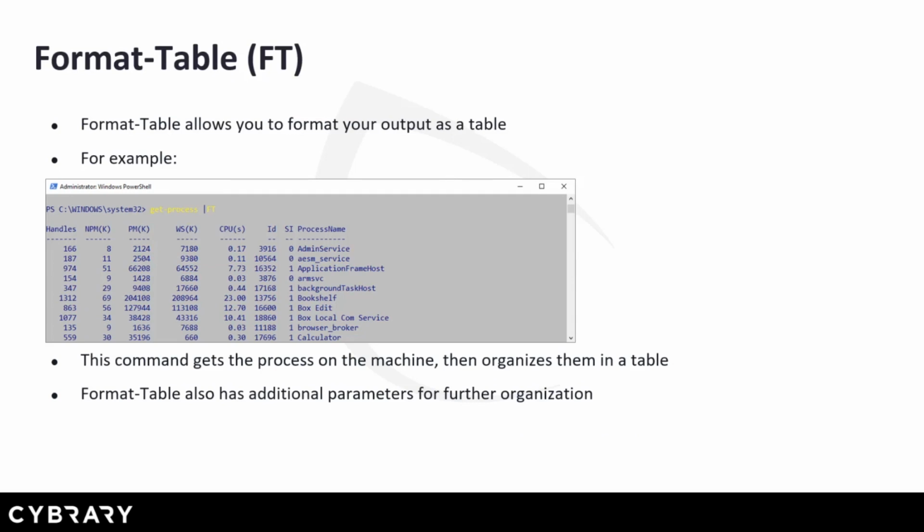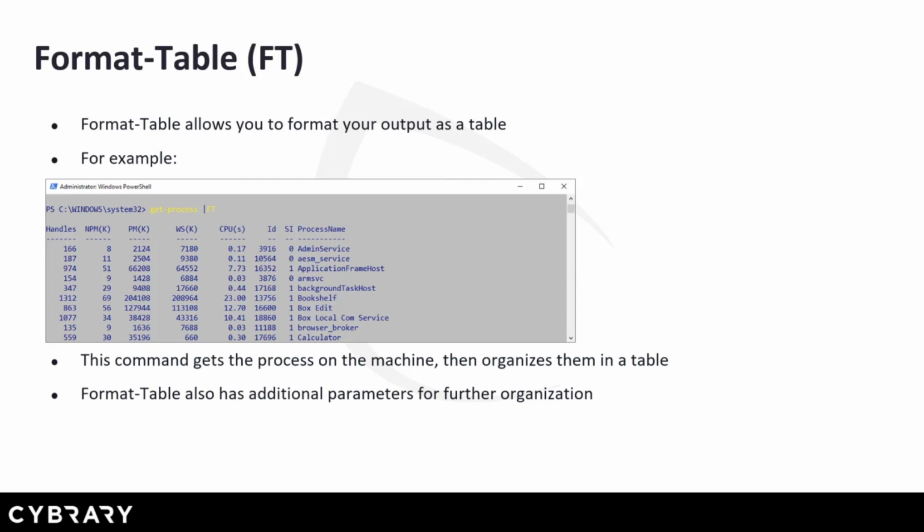Another formatting option is Format-Table or FT. Format-Table allows you to format your output as a table. For example, here we have Get-Process and FT. You can see here it is now a table, and each table has a heading. So like Handles, NPM, PM, WS, all that has its own column, and each row is a different piece of information.